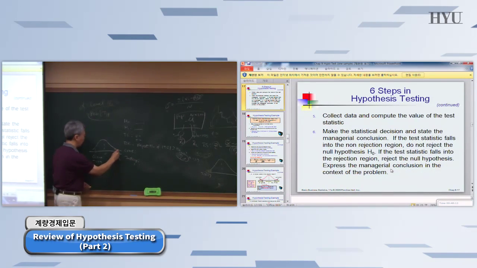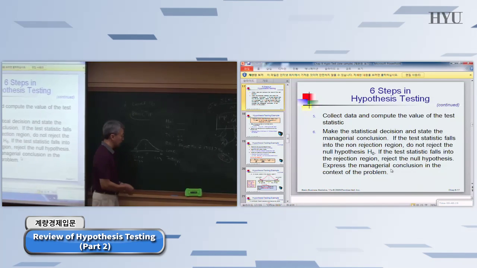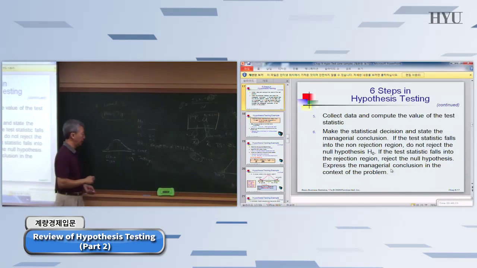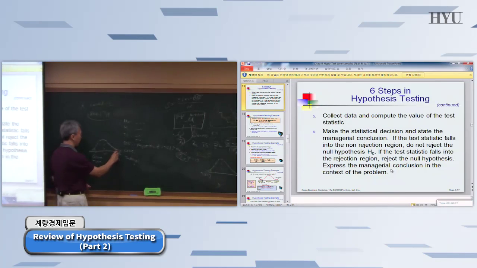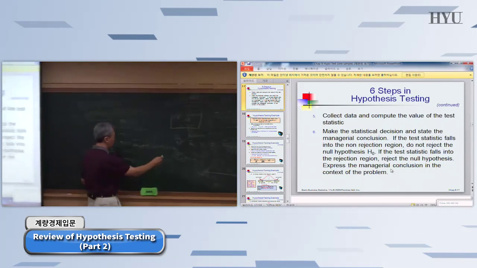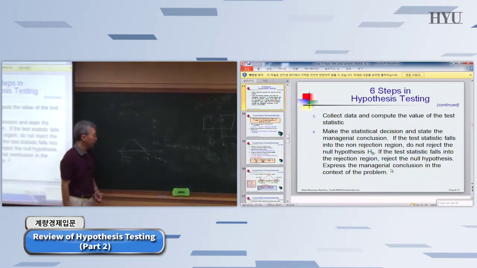So you have rejection regions here, right? So your decision rule is if your test statistic either positively or negatively exceeds this critical value, then you're going to reject the null hypothesis. Okay? Do you understand this decision rule, right? This is the case of a two-tailed test.